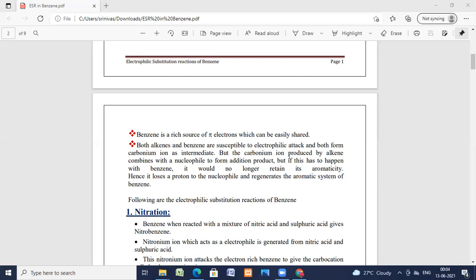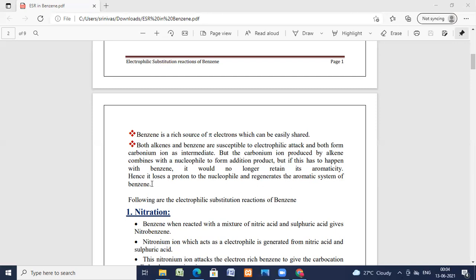But the carbonium ion produced by an alkene combines with a nucleophile to form an addition product. If this happened with benzene, it would no longer retain its aromaticity. Therefore, it loses the proton to the nucleophile and regenerates the aromatic system of the benzene.